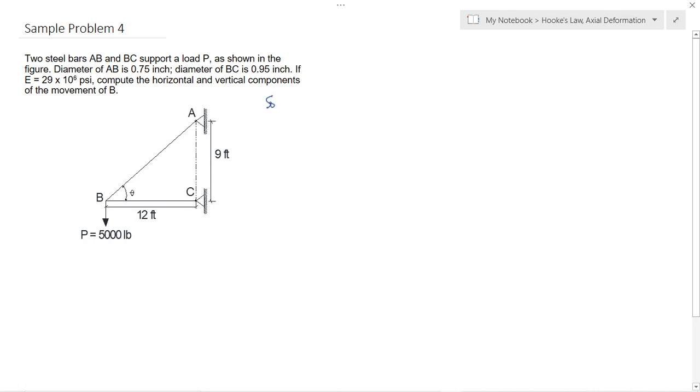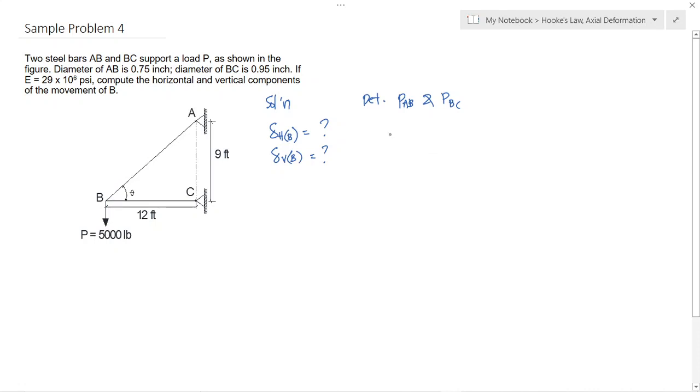Okay, so for our solution, let us first determine, class, generally, what is being required: the horizontal movement of point B and the vertical movement of B also. That is what is required in the problem. The first thing to do is to determine the magnitude of PAB and PBC, because the movement of B depends on the deformation of AB and BC once the load P is applied.